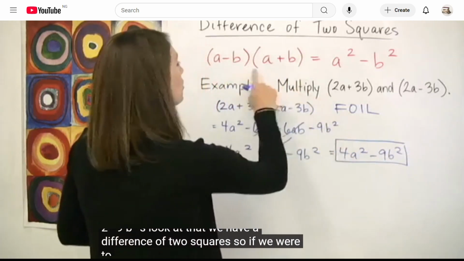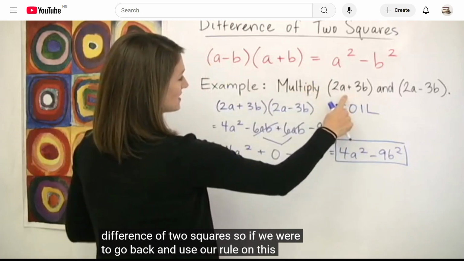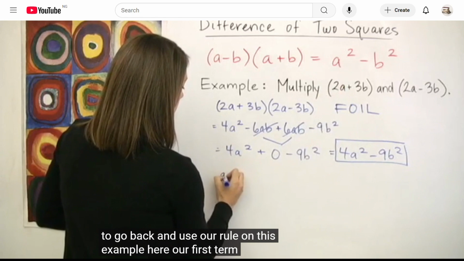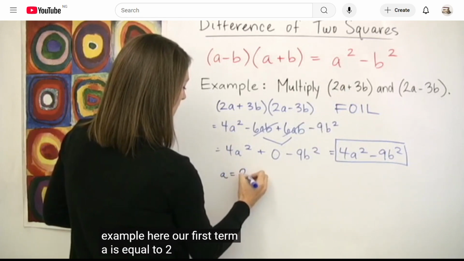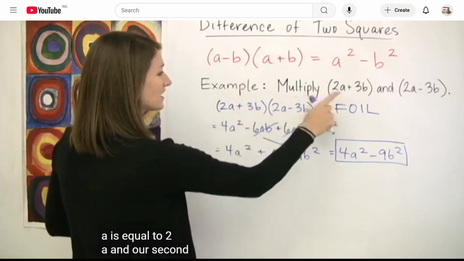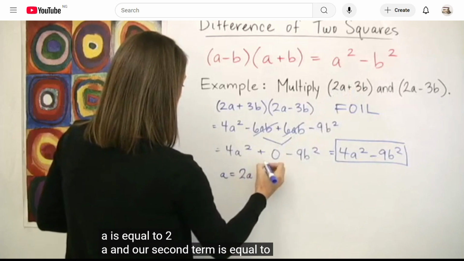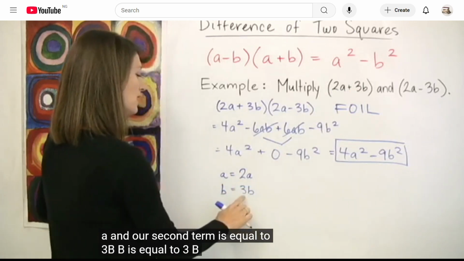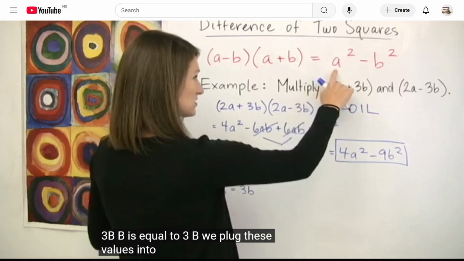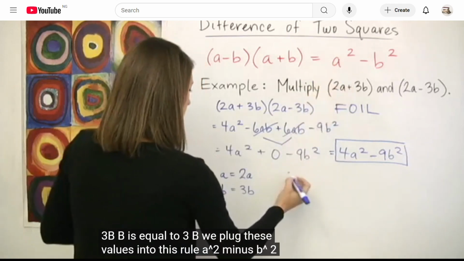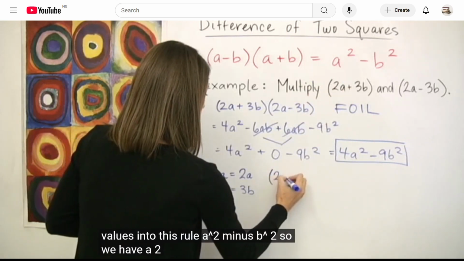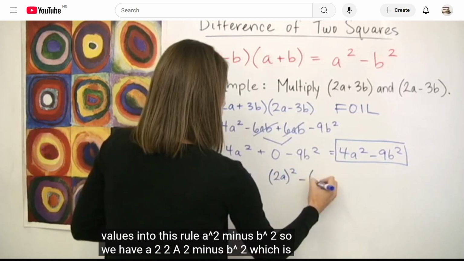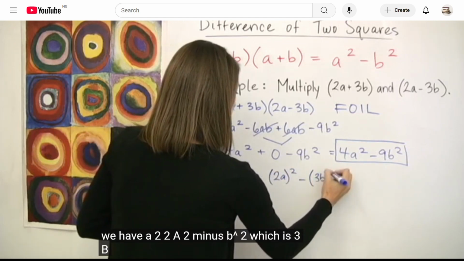So if we were to go back and use our rule on this example here, our first term, a, is equal to 2a, and our second term, b, is equal to 3b. We plug these values into this rule a squared minus b squared. So we have 2a squared minus b squared, which is 3b squared.